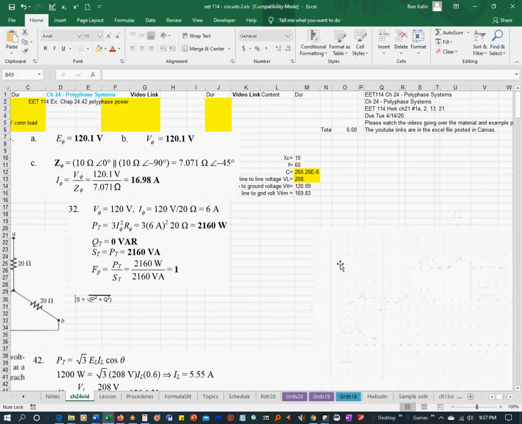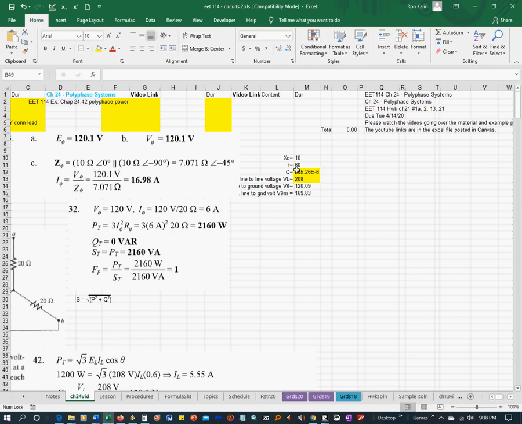So what I did to take this further was I took this capacitor and figured out its value. I picked 60 hertz just off the top of my head. This is going to be in ohms, and then this is going to be in farads. All these are in volts.